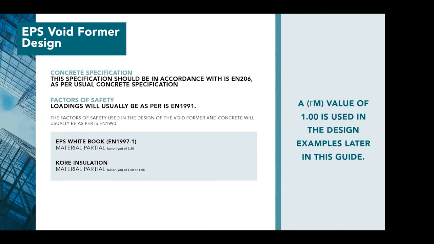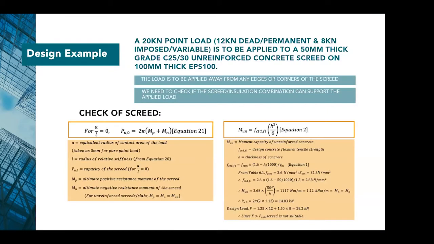And because we're regularly testing all of our material in-house in the factory, we feel that a value of 1 or 1.05 would be more appropriate when looking at the calculations. So a value of 1 is used in the design guide, if you're actually looking through it.